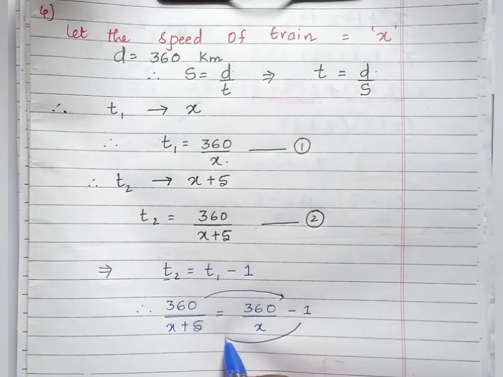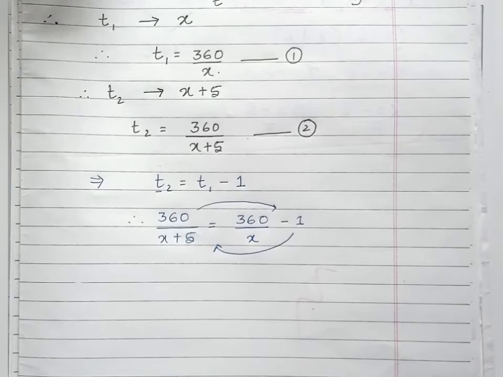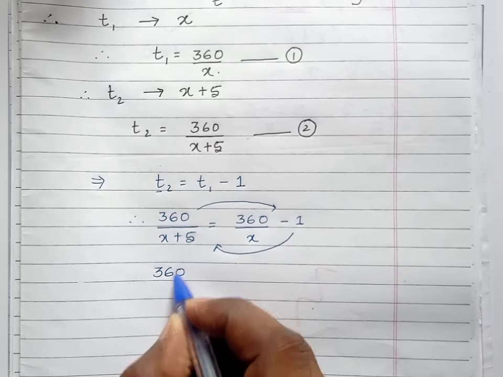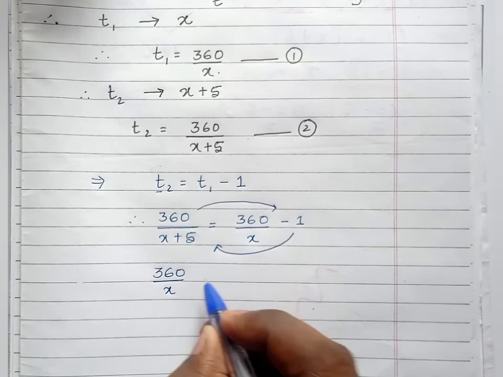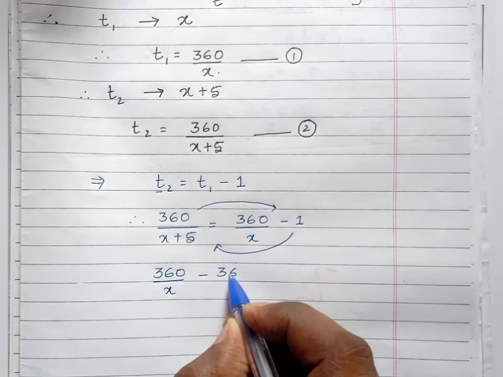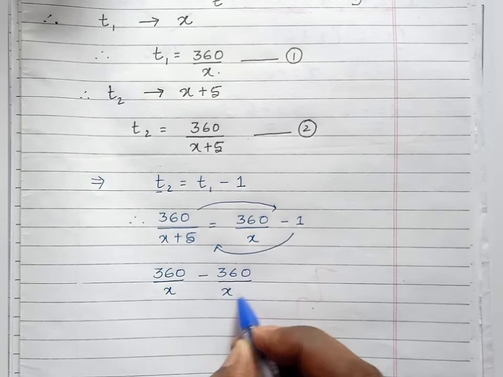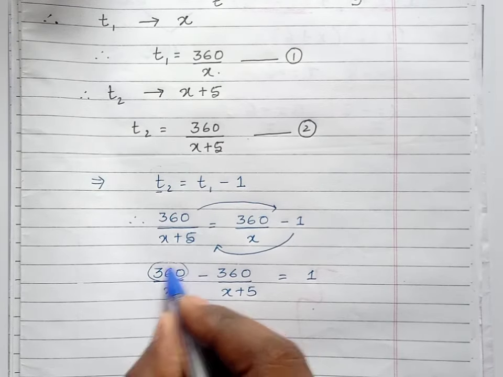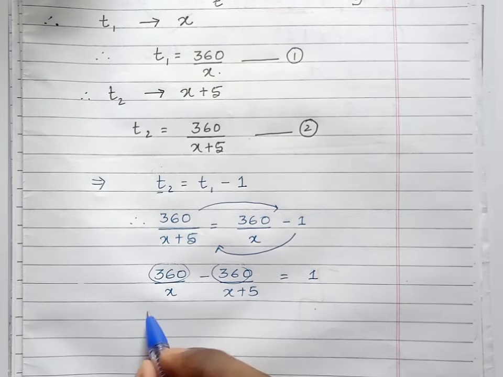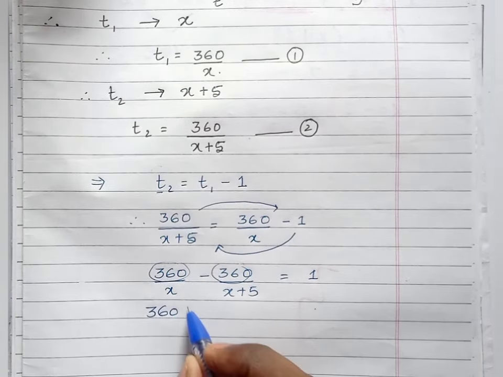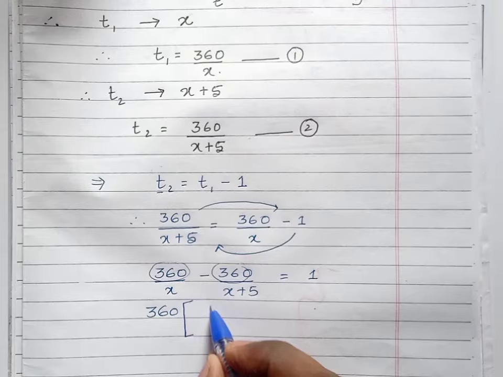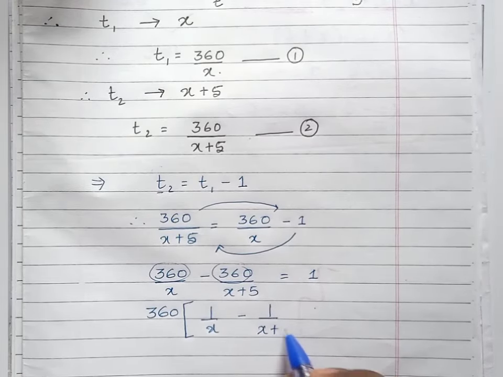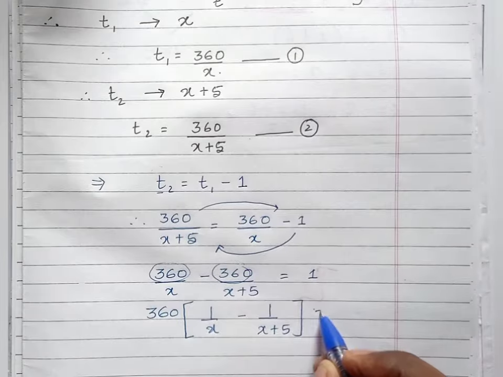Now shift 360 by x plus 5 to RHS and minus 1 to LHS. What you get? 360 divided by x minus 360 divided by x plus 5 equals 1. Now 360 is common, take that out. The remaining terms will be 1 by x minus 1 divided by x plus 5 equals 1.